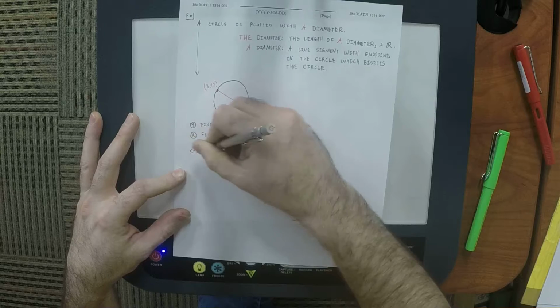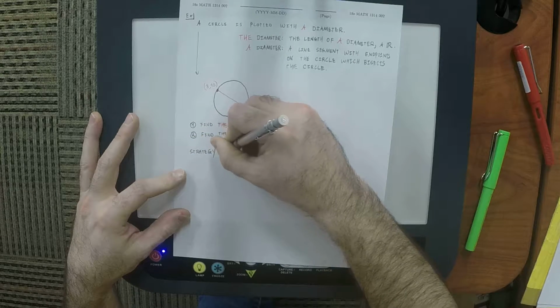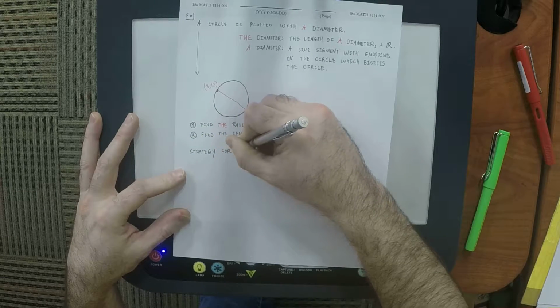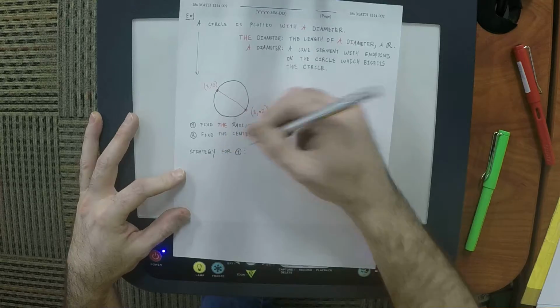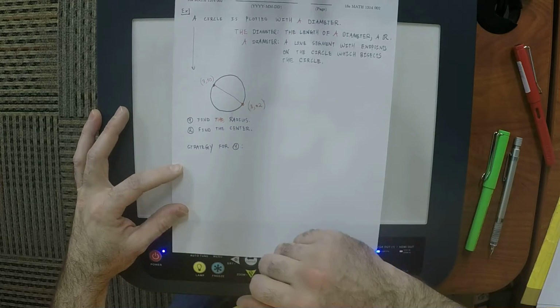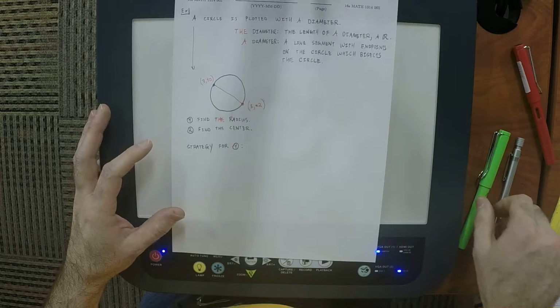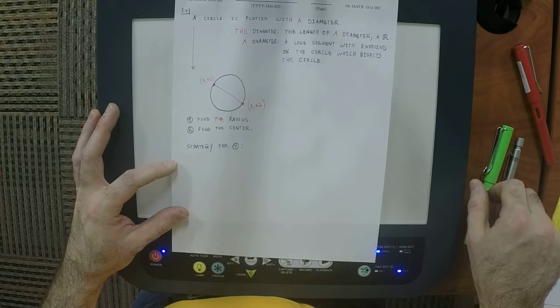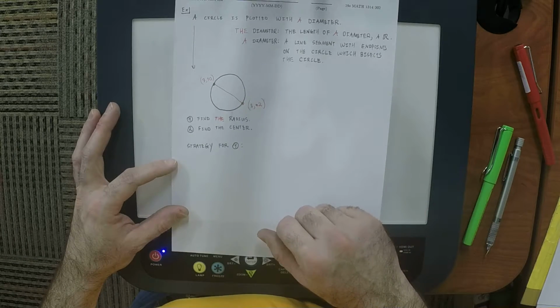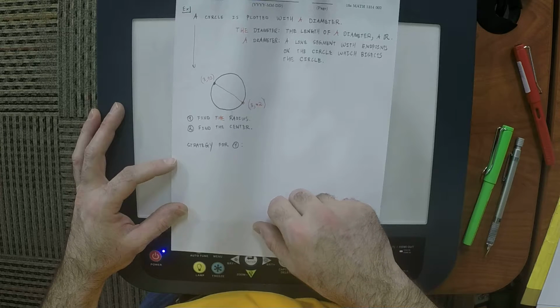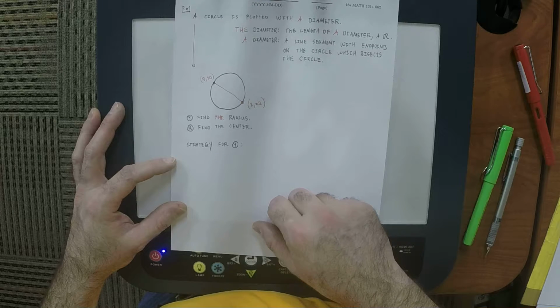Strategy for 1. What do you think? D equals the square root of (x2 minus x1) squared plus (y2 minus y1) squared.